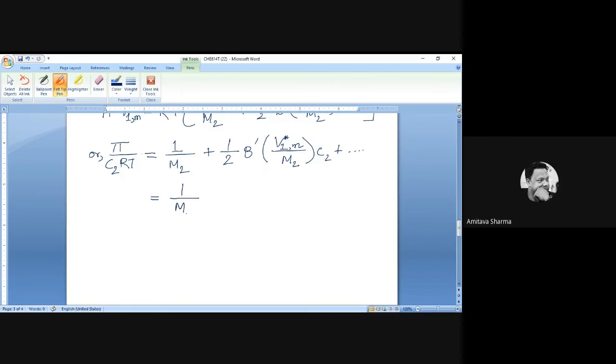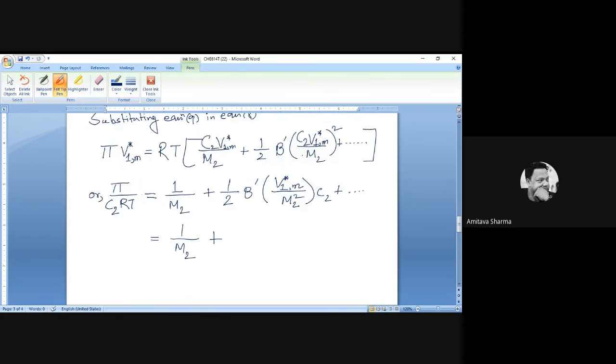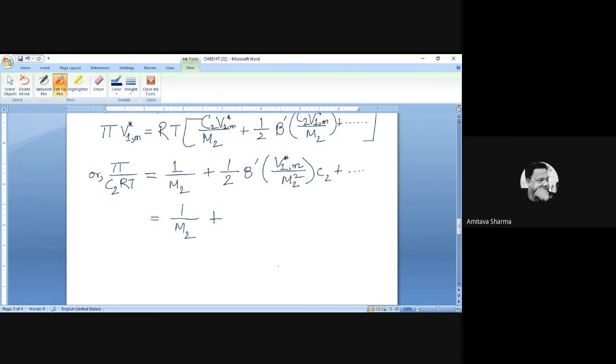1 by M2 plus this total term 1 by B prime V1 molar by M2 square. This total term has a square. The total term I am considering as B. This total term is B, so BC2 plus dot dot.